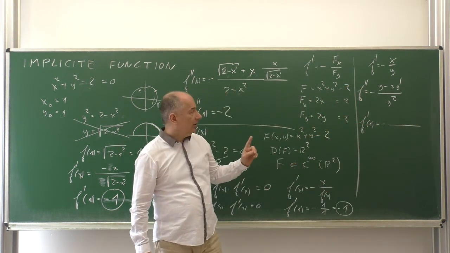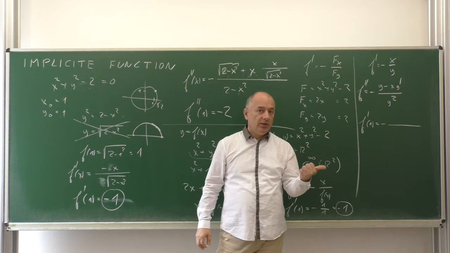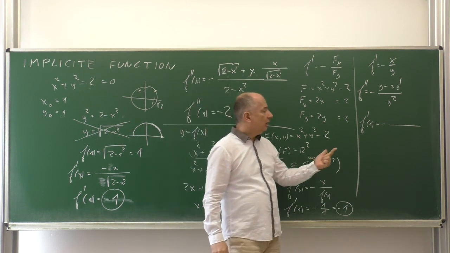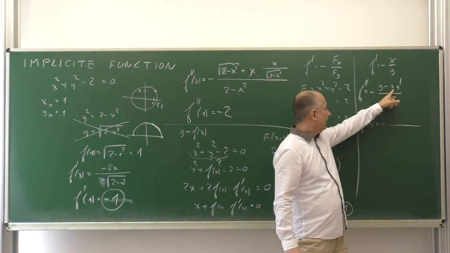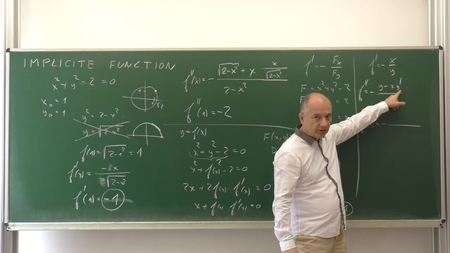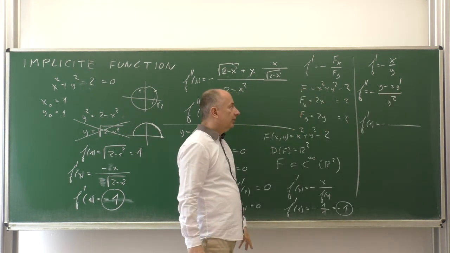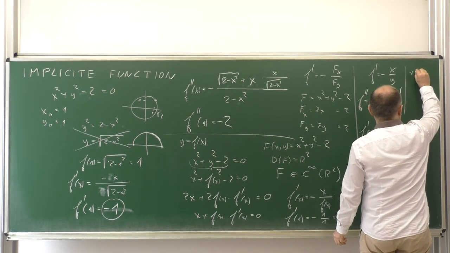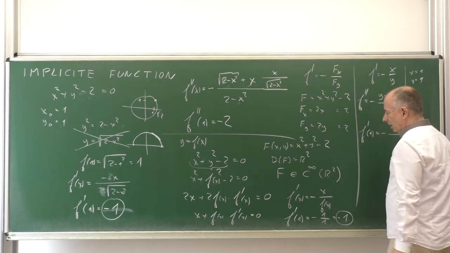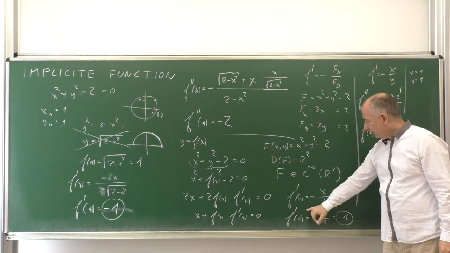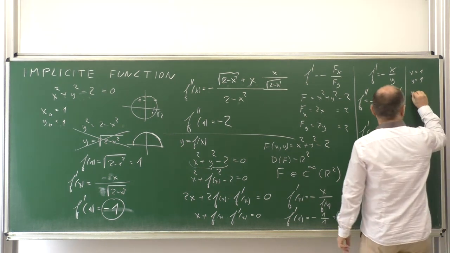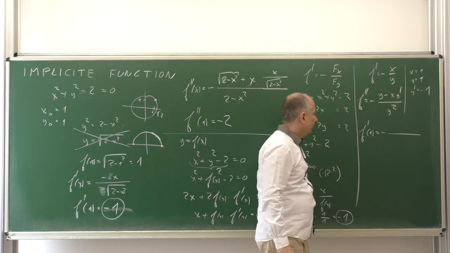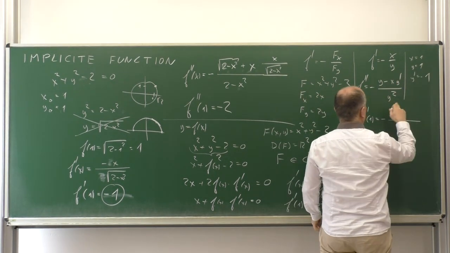But this time you see the information about x is not enough. The information about y is still not enough. We must have three numbers: the value of x, the value of y, and the value of the derivative. But fortunately, we have all this information. We have that x is equal to 1, y is equal to 1, and we have found in many ways that the derivative at 1 is minus 1. So, using these three pieces of information, we can evaluate this expression.